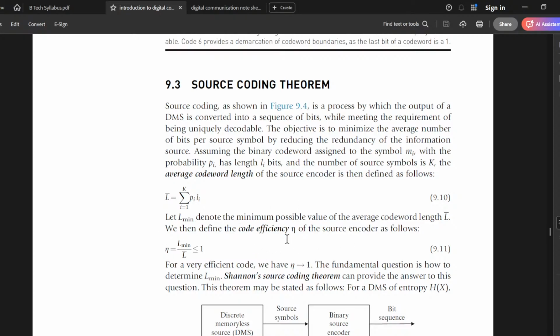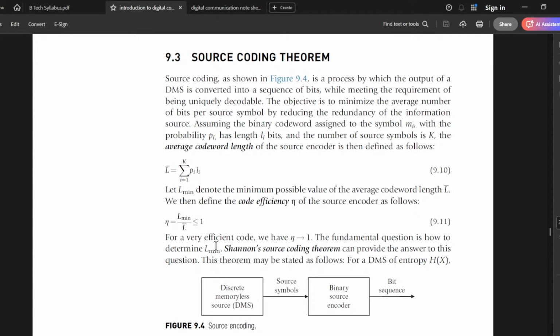We then define the code efficiency as L minimum upon L, which is less than one.